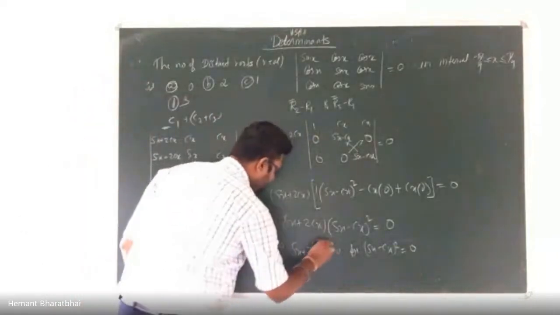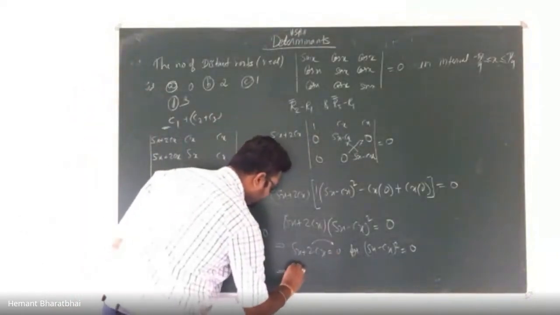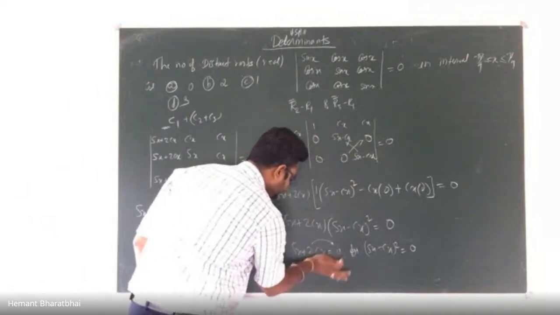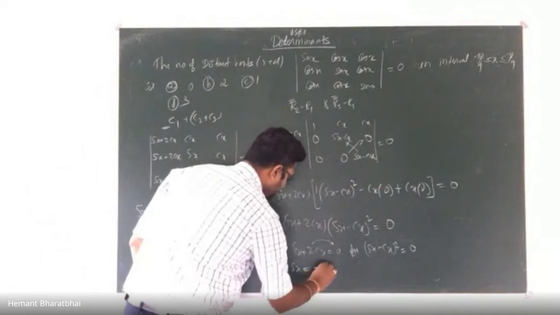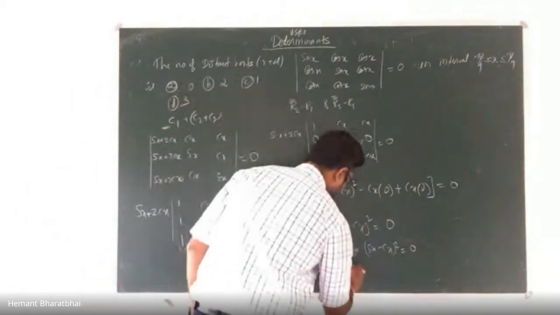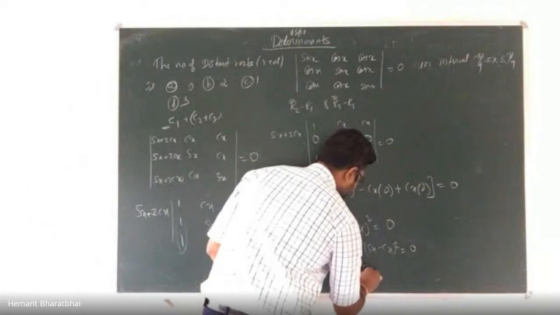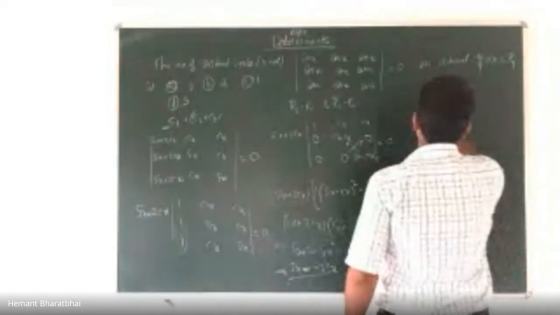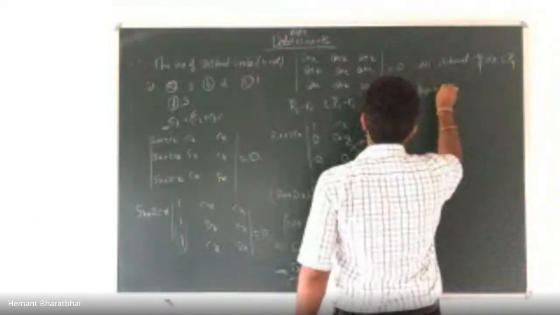Therefore I can write sin x equals minus 2 cos x, or sin x minus cos x equals 0.